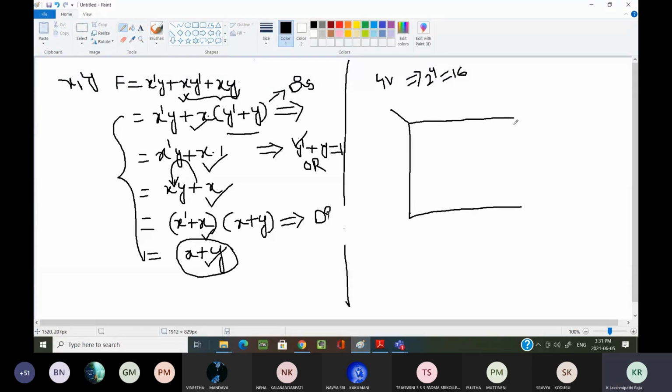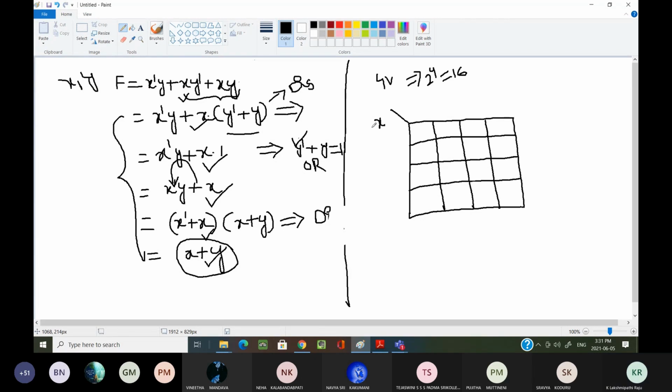Sorry, 16 cell K-map, not 16 variable: 4 variables and 16 cells. Totally 16 cells, and my variables are W, X and Y, Z.